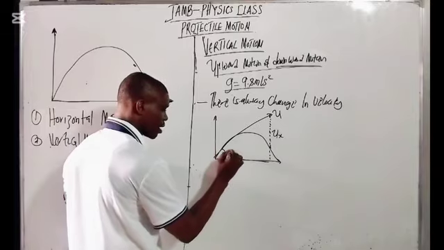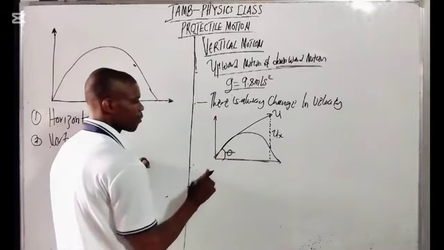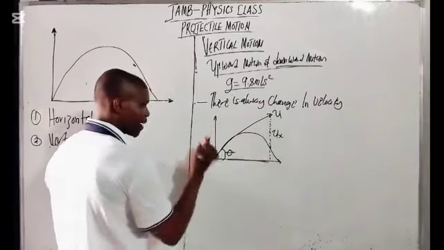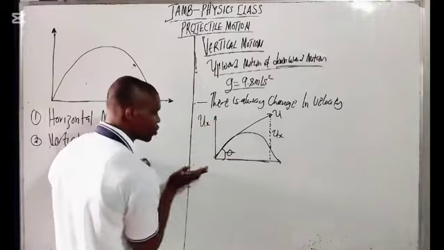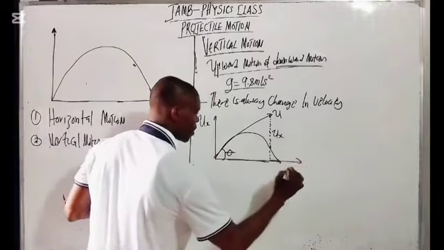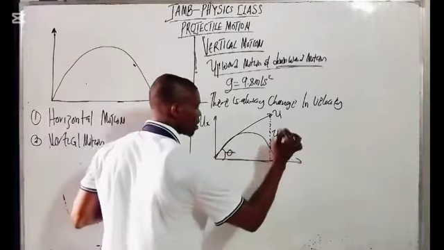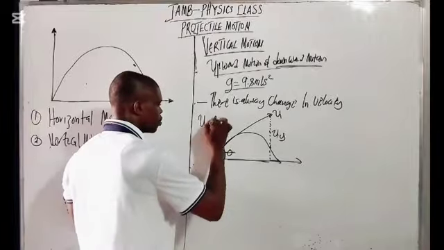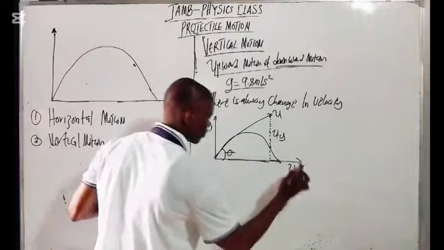Here we have theta. Now this part is the same as this part here, which was u_x. Remember, for the horizontal here we have, sorry, u_y. Here we have u_x, right?